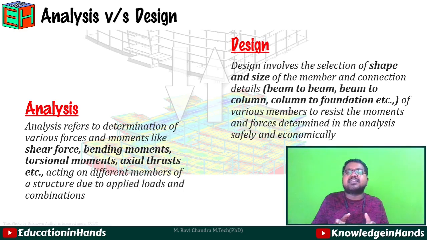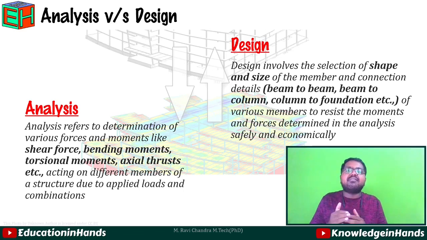Here our course, design of steel structures, belongs to the design category in civil engineering. So whenever a design is carried out on a member in a structure, for the shape and size we need to select the material.